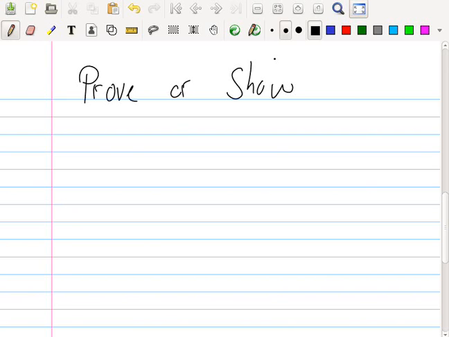So for example, firstly I should say, in the exam for these proofs, you can only use the rules in the formula book. So they give you some rule, and you can only use the rules in the formula book to prove that it's true.